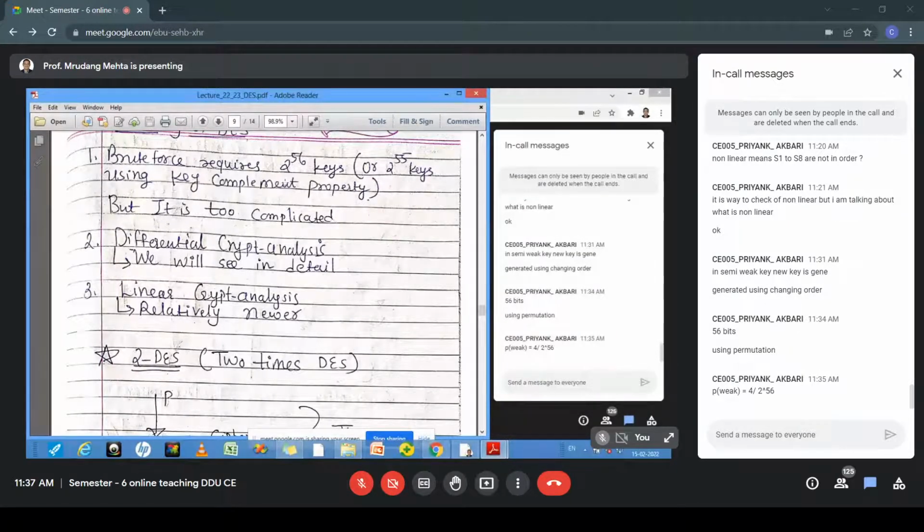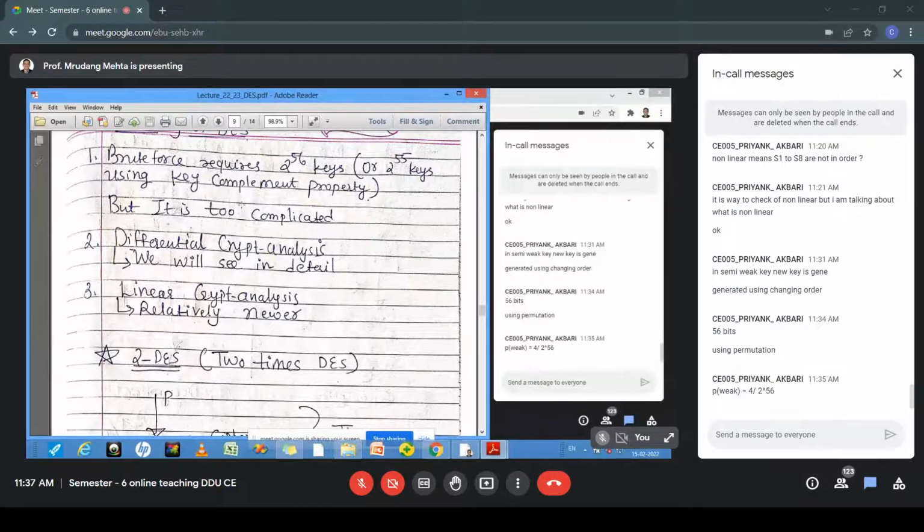So 2 raised to 56 divided by 2 is 2 raised to 55, right? So even by half, it is not reducing by a significant number, only one difference. 2 raised to 55 is still a large number, and brute force is very difficult.